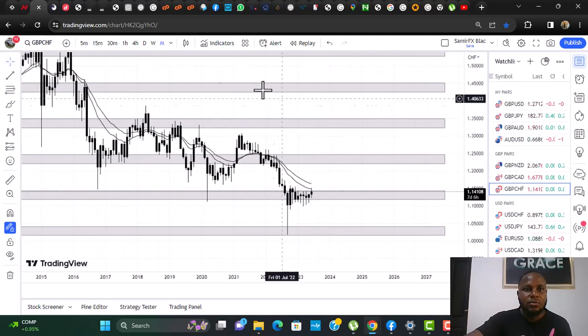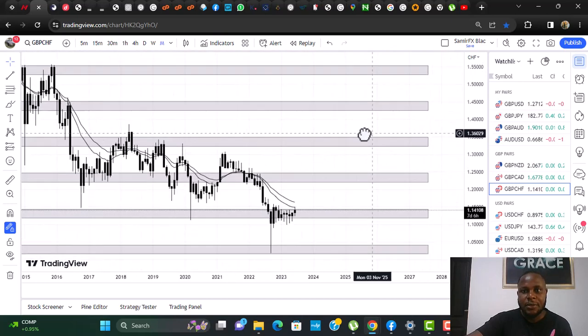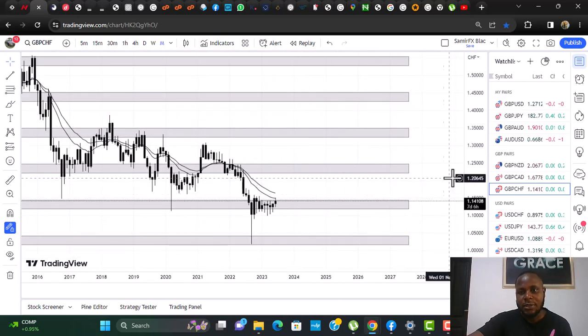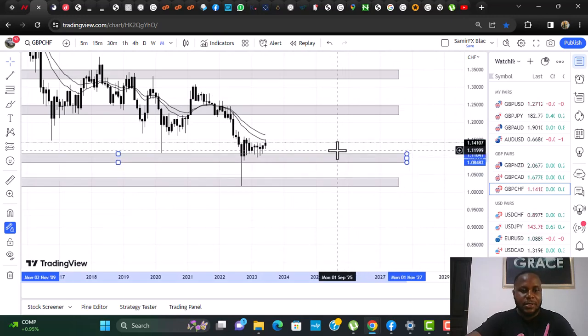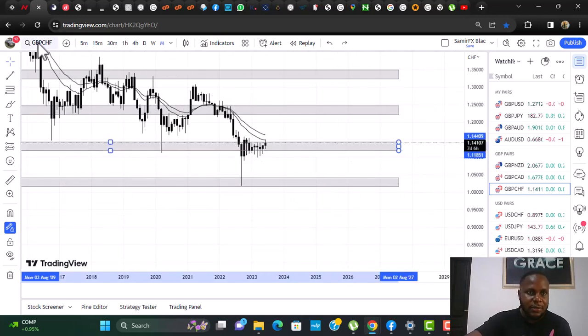Anytime you hit the sell button, for instance you want to sell GBP CHF, you're actually selling GBP and buying CHF. So it's always in a pair.